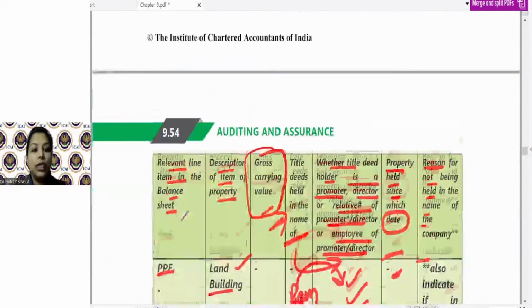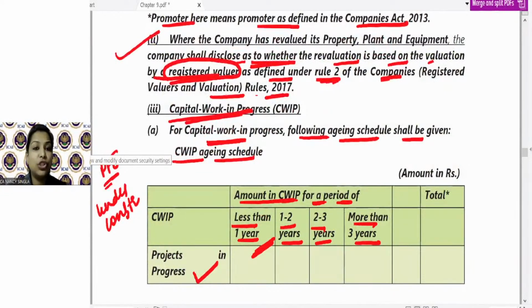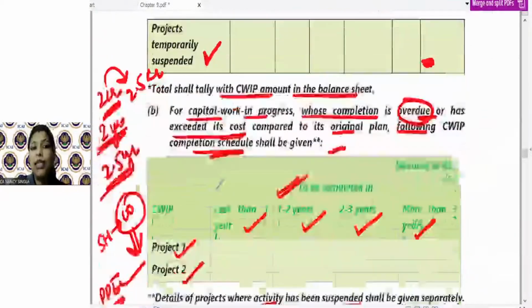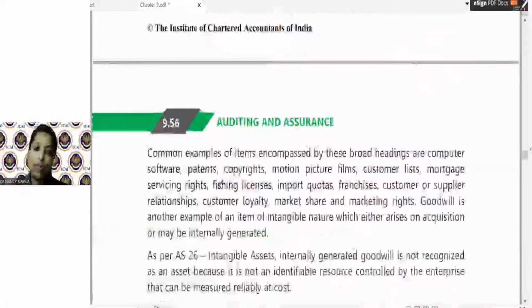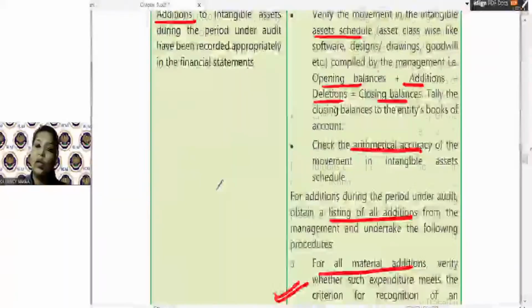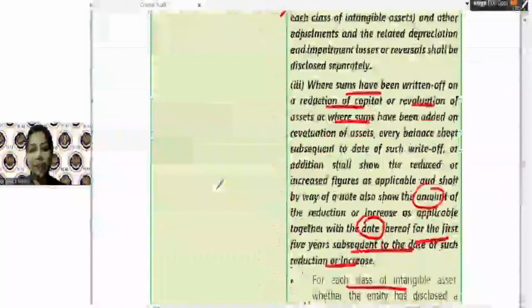ठीक है. So these are the additional regulatory, and this is also additional regulatory information, whether the revaluation has been done by registered valuer. Same way with respect to capital work in progress, this is again additional regulatory information, है ना. And we have seen that this is almost the same with respect to intangible assets also, and those notes are also what? Additional regulatory information. Let me just show it to you.